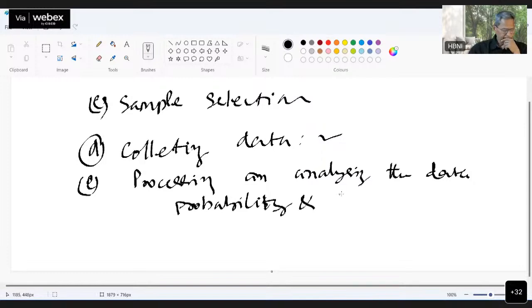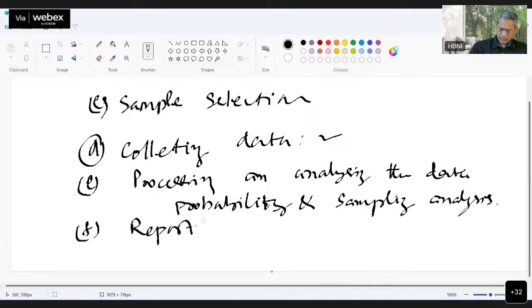Probability and sampling analysis. And finally, you have to write the report. Report writing. The layout of the report needs to be well planned so that all things related to the research study may be well presented in a simple and effective style. So these are the things you have to do.